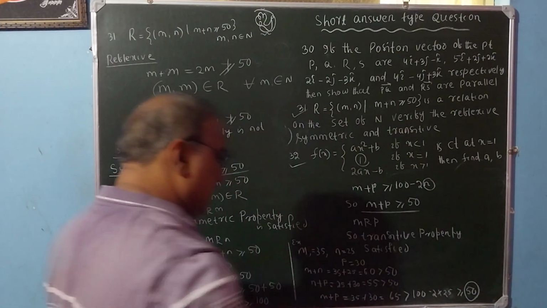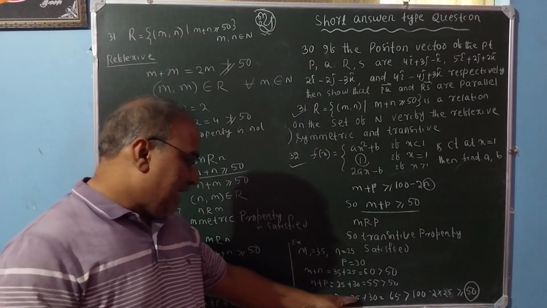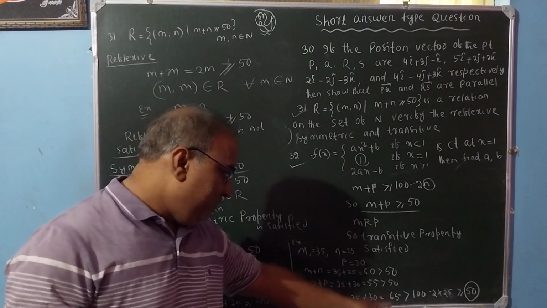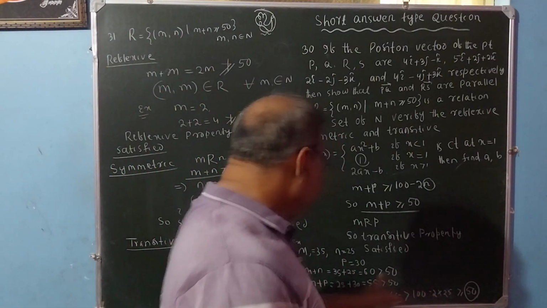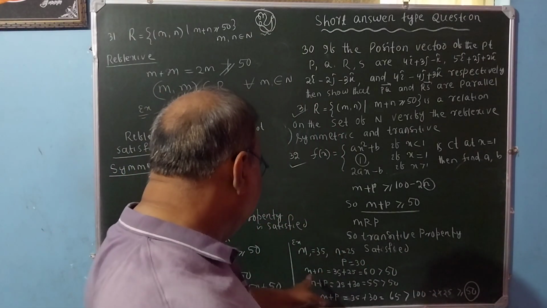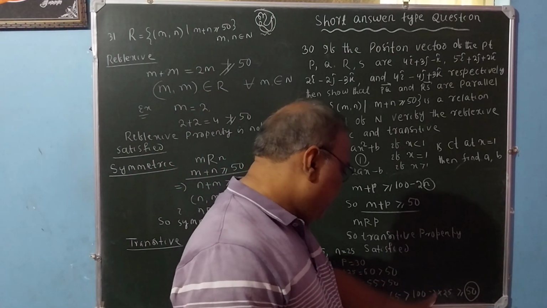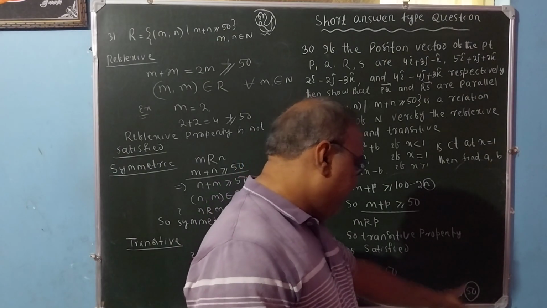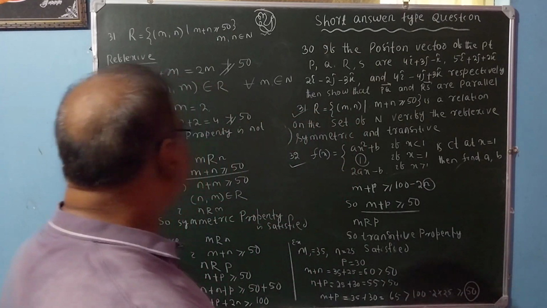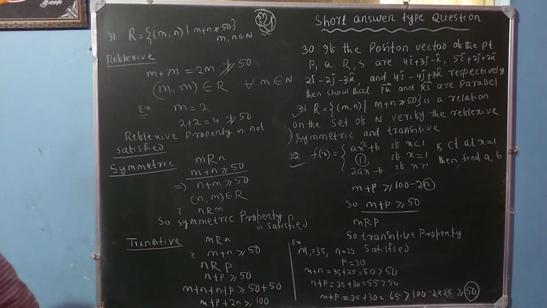So it is clearly verified. So the transitive property is clearly satisfied.